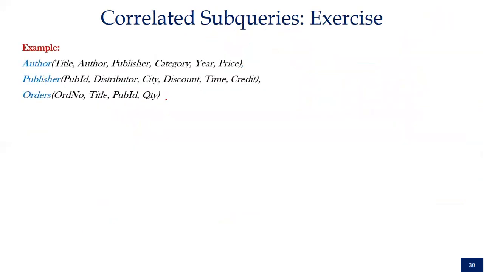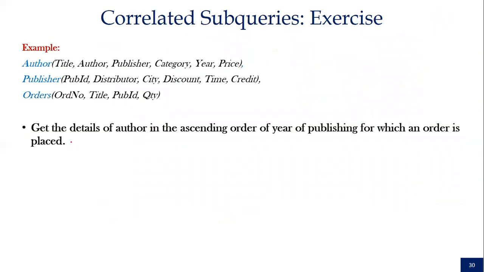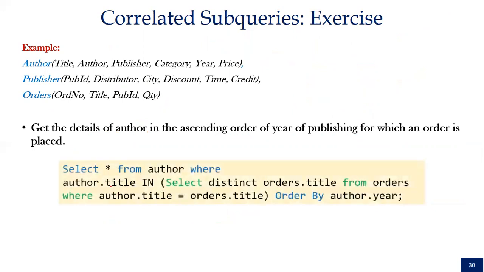Okay, so now you can see another example. If I write: get the details of author in ascending order of year of publishing for which an order is placed. So if we are writing a subquery, then you can select asterisk from author, where author dot title. As we require details of author, we select from the author.